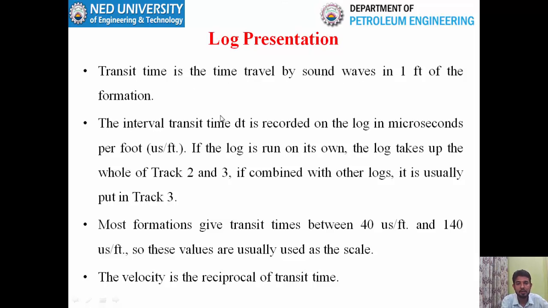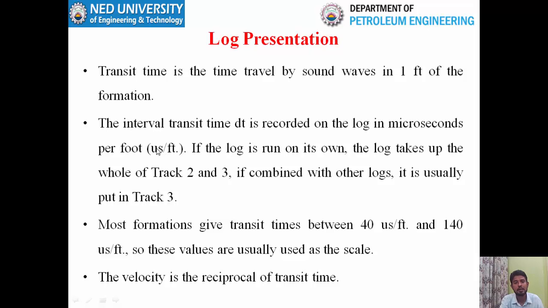We present transit time as delta t, capital DT, and its unit is microsecond per foot. The scale for most formations is between 40 microsecond per foot and 140 microsecond per foot.